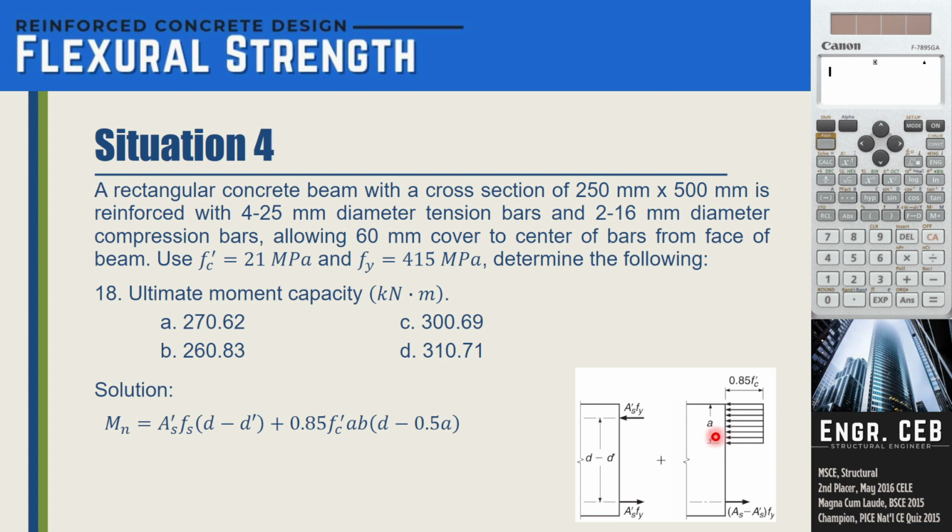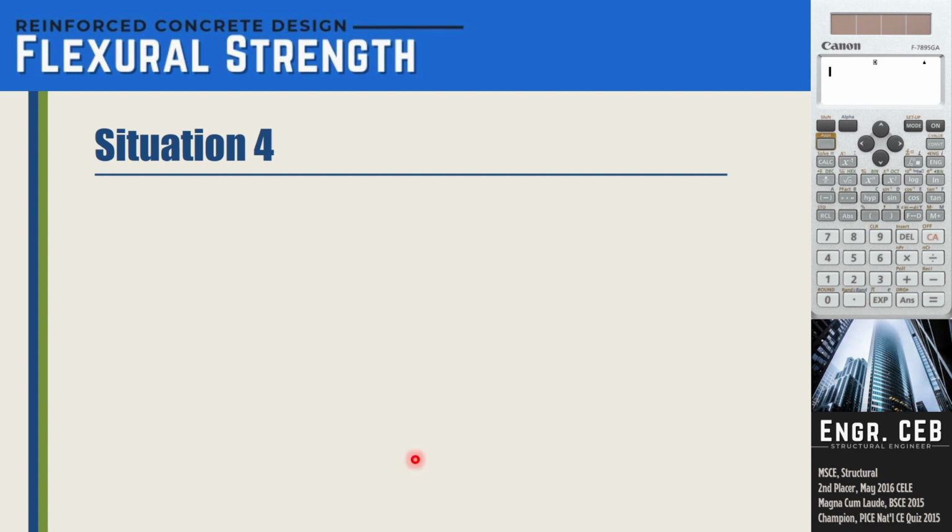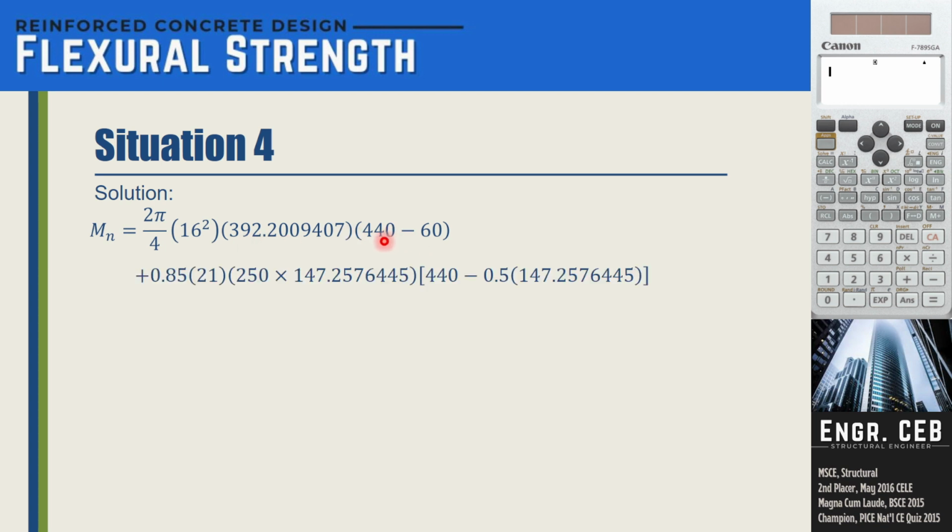So here I have chosen to take moment about the tensile steel. So that is 0.85 fc prime ab. Then the moment arm is d minus 0.5 of a. So let us solve. This is the first part, As prime times fs prime times moment arm. Then the second part is the 0.85 fc prime of the area of concrete times (d minus 0.5 of a).